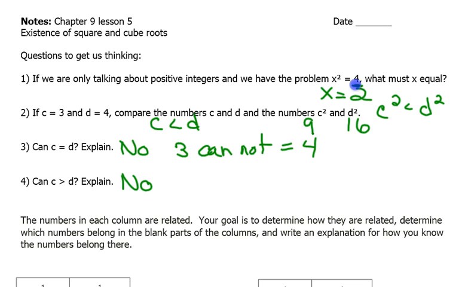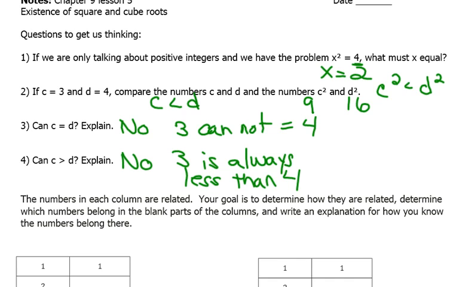No. 3 is always less than 4. Always. All right, well, the idea behind this is that if you have numbers where one is less than the other, anytime you square them, your answers are still going to be less than the other one, whichever one was smaller.